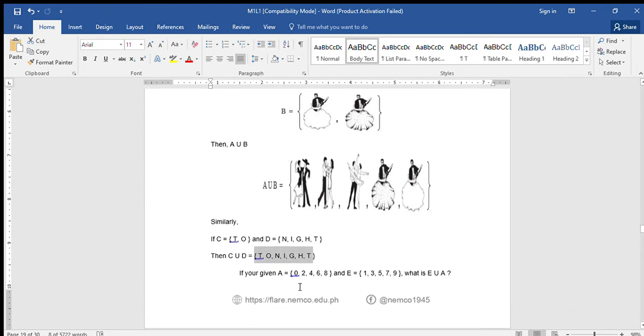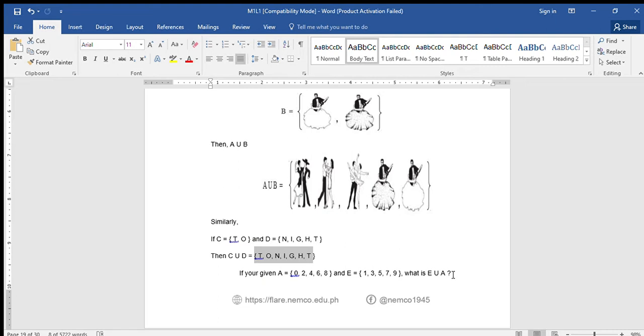So if you are given set A is equal to 0, 2, 4, 6, 8 and E is equal to 1, 3, 5, 7, 9, unsa man ang ato E union A? Unsa man ang ato A union E or E union A? 0 to 9.